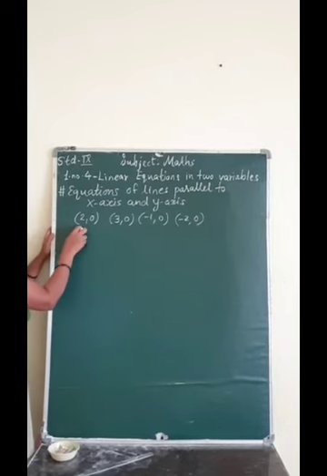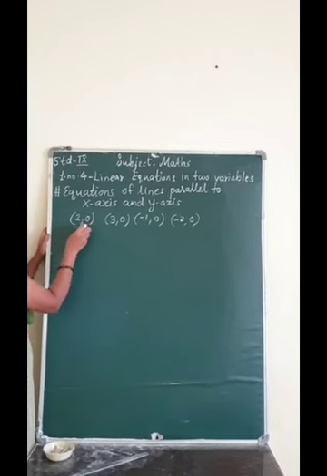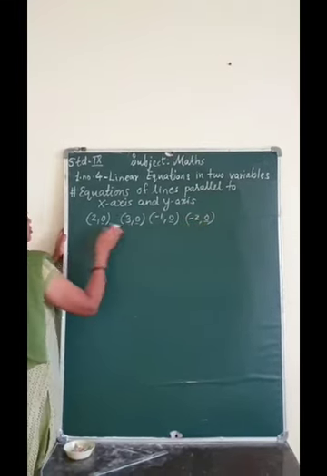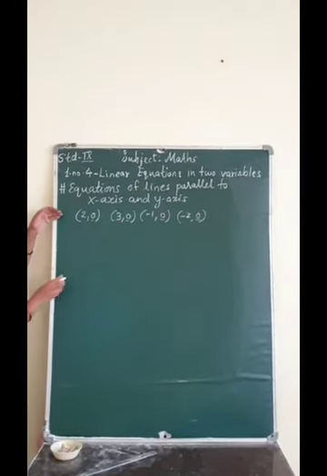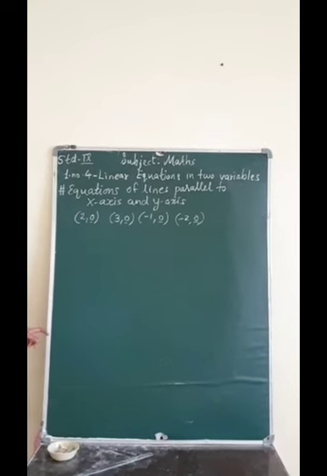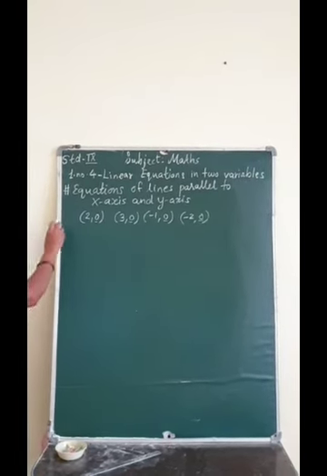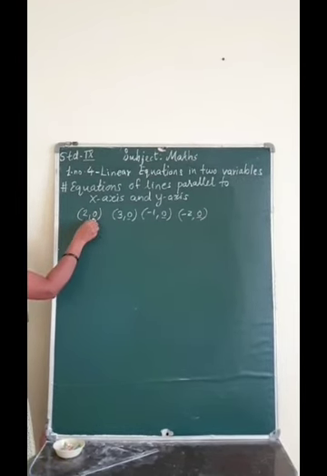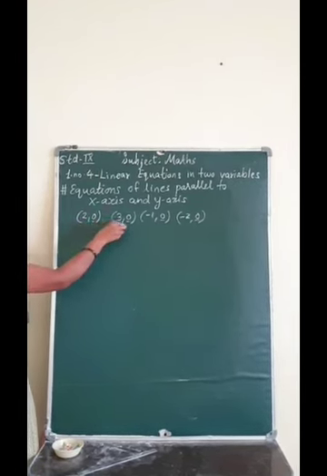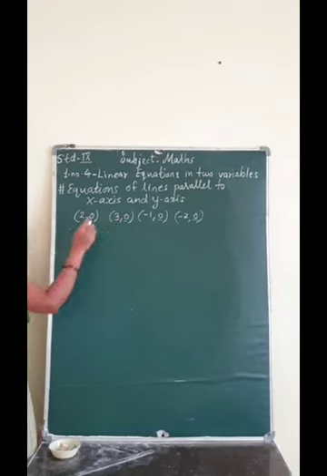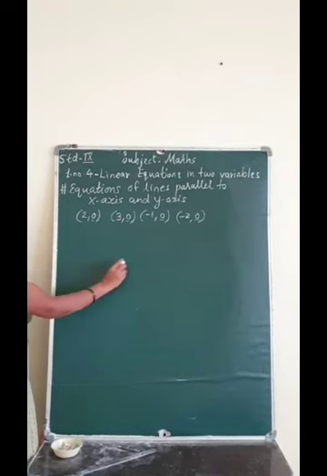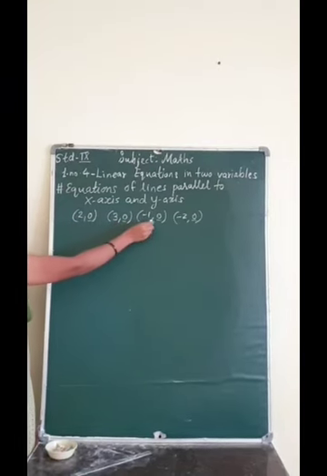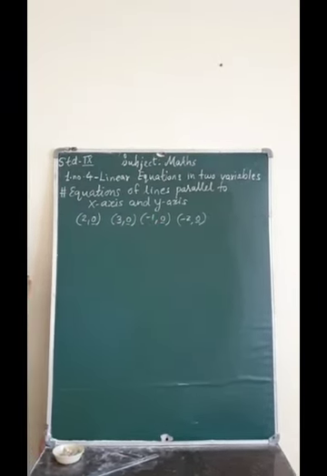Now here what you observe, in all these points the y coordinate is 0. So where will you find these points on the Cartesian plane? All these points are lying on the x-axis, because here the y coordinate is 0.